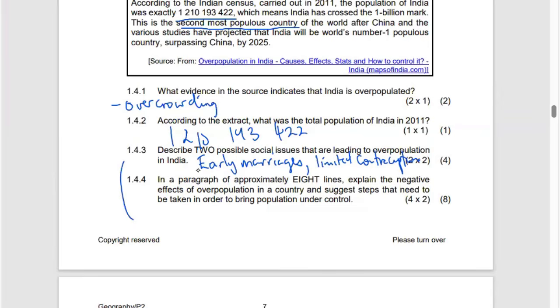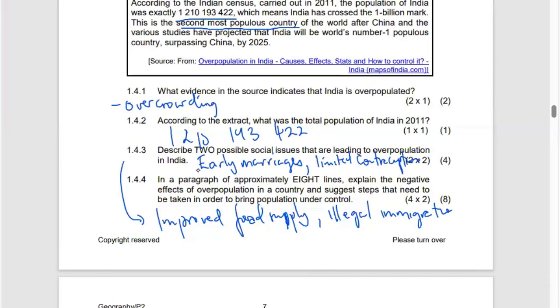You look at aspects like improved food supply, illegal immigration can contribute, and improved medical care. All those factors. You look at factors that promote either a high birth rate or that sustain longer life. They are the ones that contribute towards high population growth in a given country.